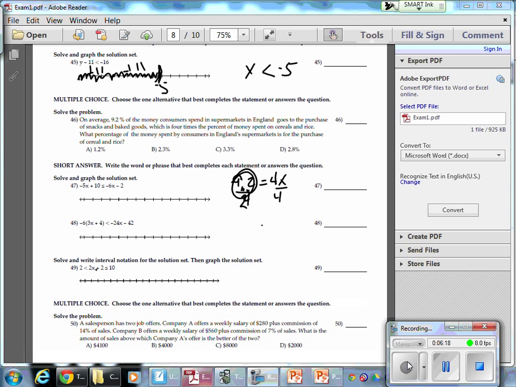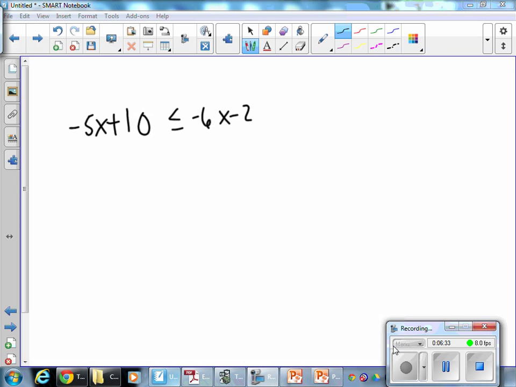All right, number 47. Negative 5x plus 10 is less than or equal to negative 6x minus 2. I really need to do this on another sheet of paper. Hang on, make more room here. Negative 5x plus 10 is less than or equal to negative 6x minus 2. I'm going to add 6x to both sides.